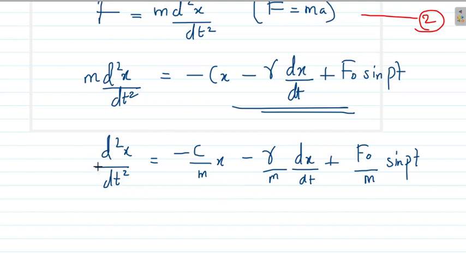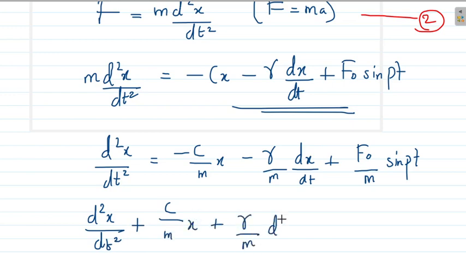Now bringing some terms to the left hand side, we would get d square x by dt square plus c by m into x plus gamma by m into dx by dt is equal to F0 by m into sin pt.